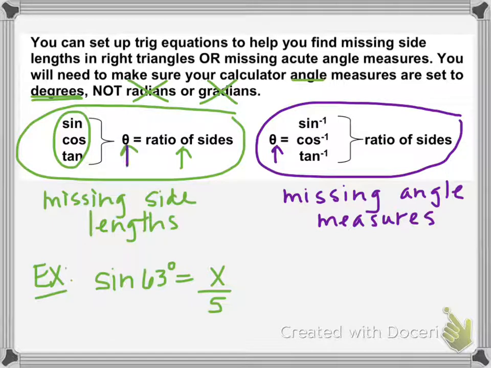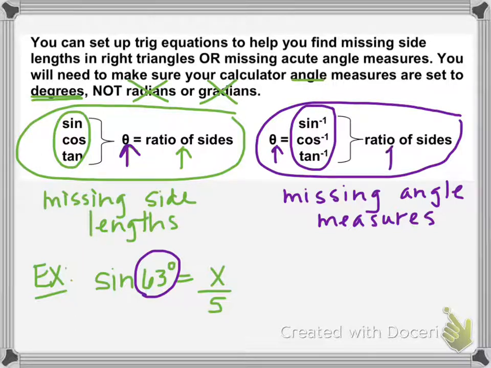That's why over here we put the actual measure of the angle. But over here on the right, we don't know what it equals. So that's our variable, basically. That's what we're trying to find. Then we're going to choose one of these trig functions, but these are actually inverse trig functions. So it's basically doing the opposite of what we're doing on the left. I'll explain that when we get there in our calculator.